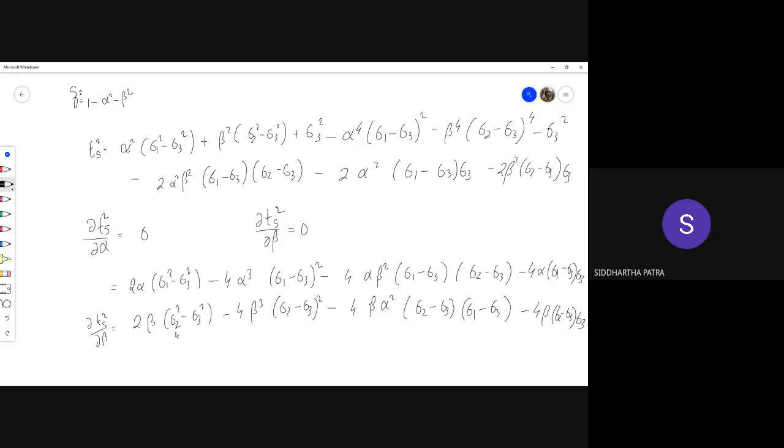Now what we can see, rather, is that if both of these equations are satisfied by this, then both the expressions should be 0.